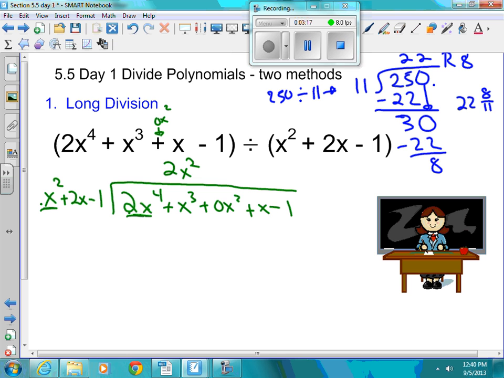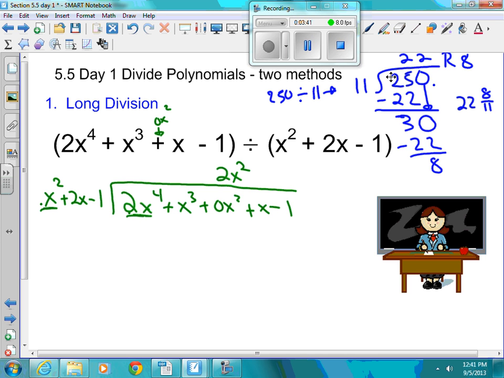Or 2x squared times x squared is 2x to the 4th, however you want to think about it. Now, since this is an x squared, not an x cubed, we're going to slide it down on top of our 0x squared term. That's how your book lines things up, and I want to be consistent with your book.